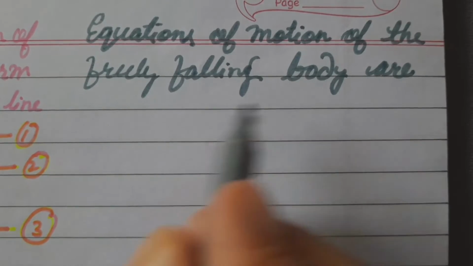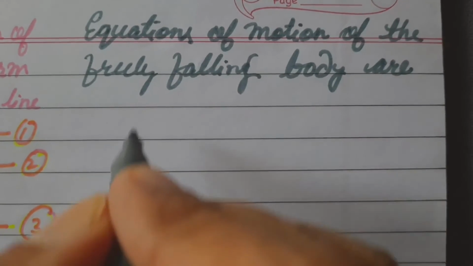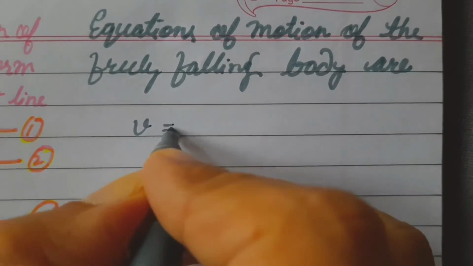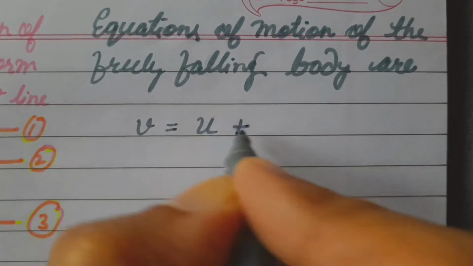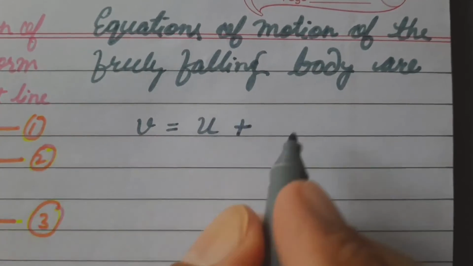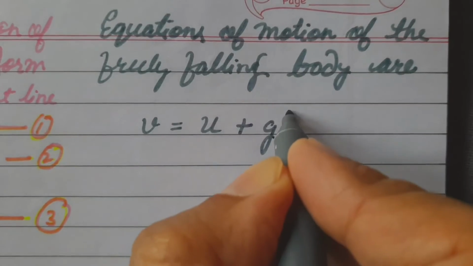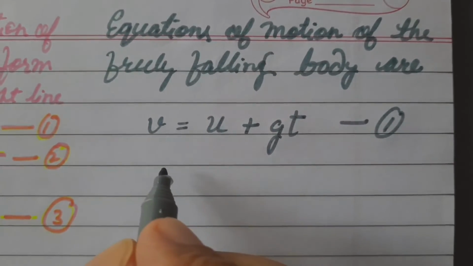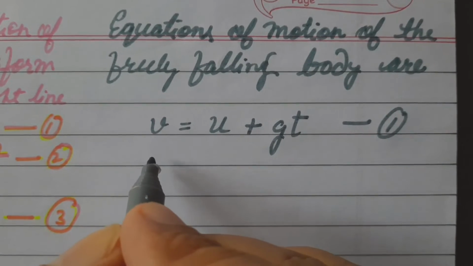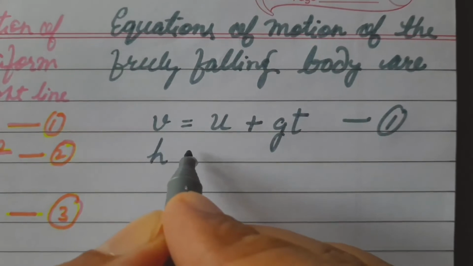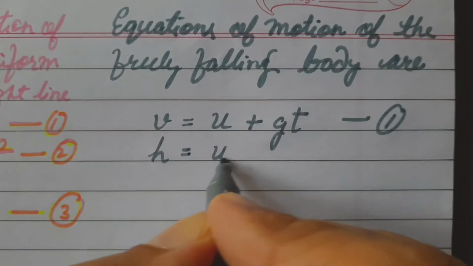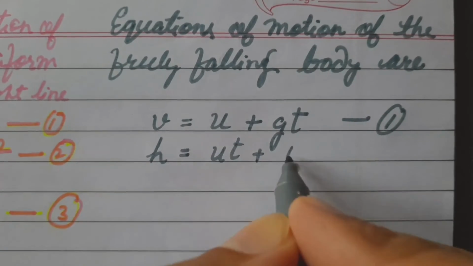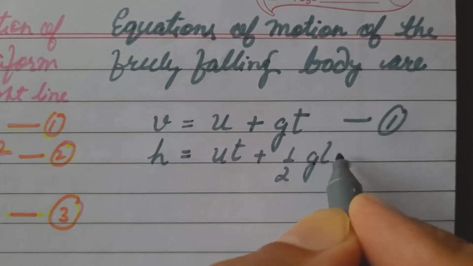Equations of motion of the freely falling body are: v equal to u plus gt, replacing a with g. This is the first equation. Second equation, we will replace s with h, height: h is equal to ut plus half gt square.